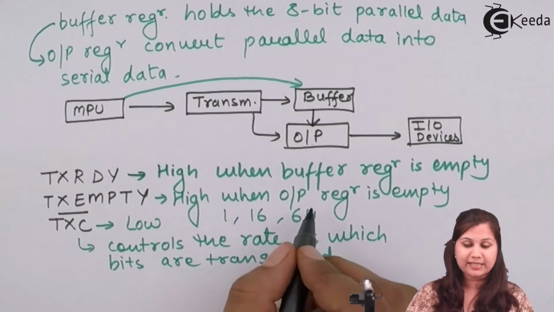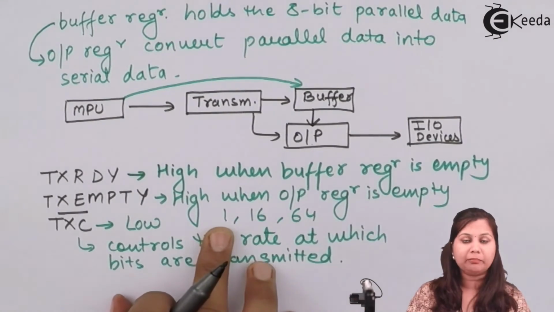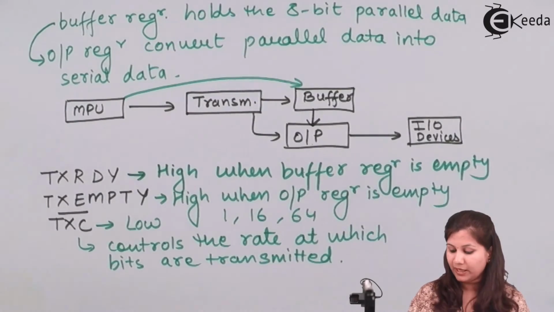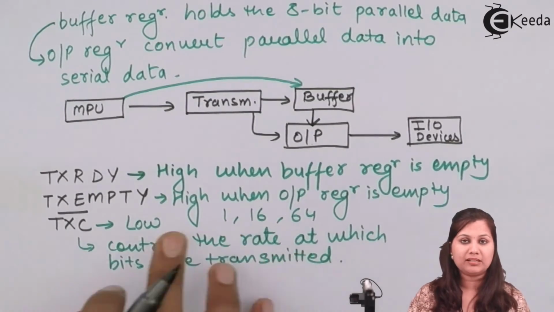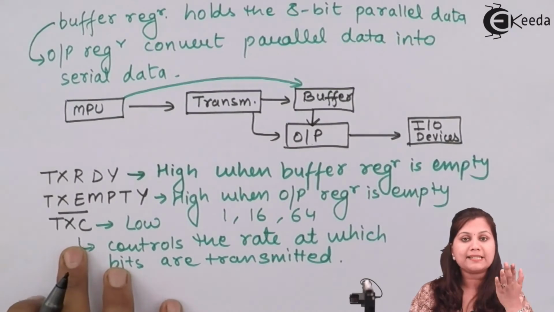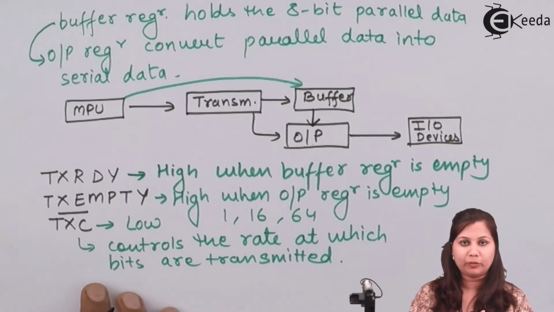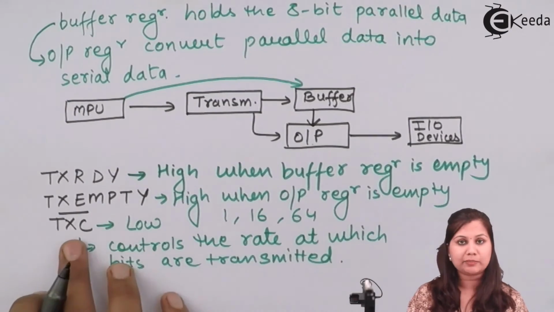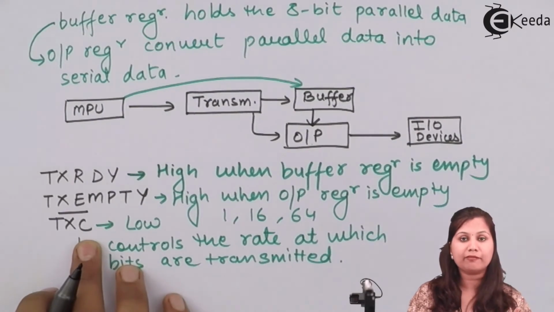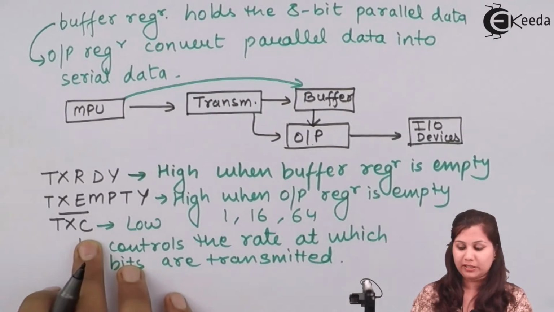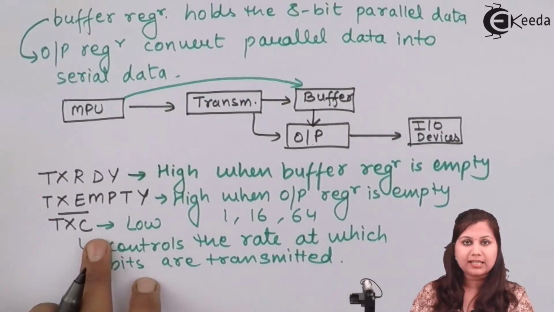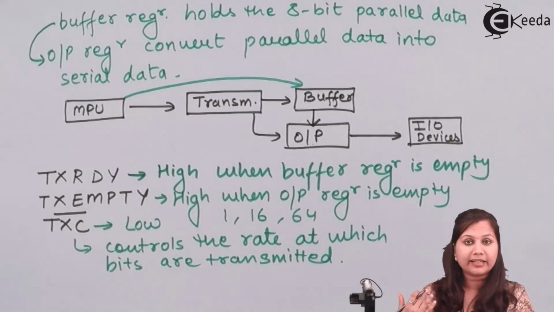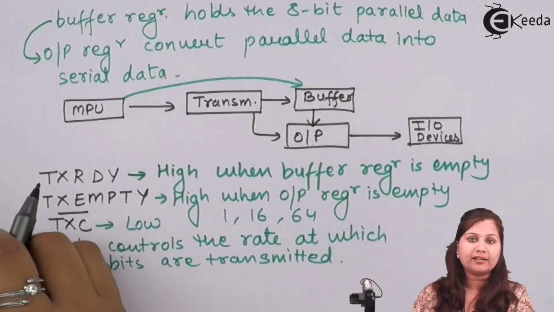When the factor is 1, the transmitter clock is equal to the clock frequency. When the factor is 16, the transmitter clock is 1/16th of the clock frequency. When the factor is 64, the transmitter clock is 1/64th of the clock frequency.